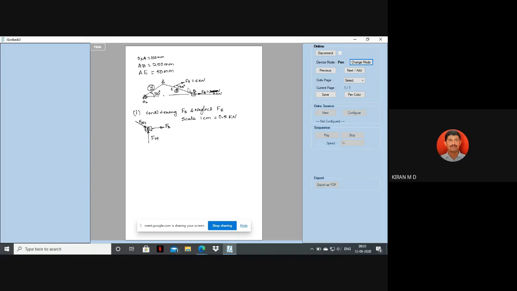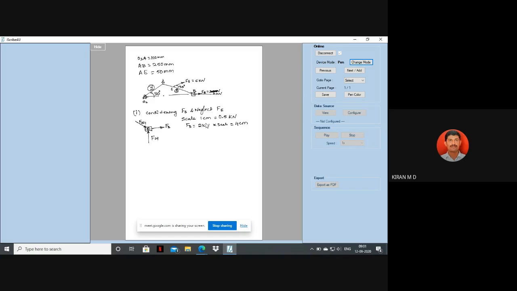From this scale, what is the FB length you are going to get? FB is 2 kilonewton, so it will become 4 centimeters.